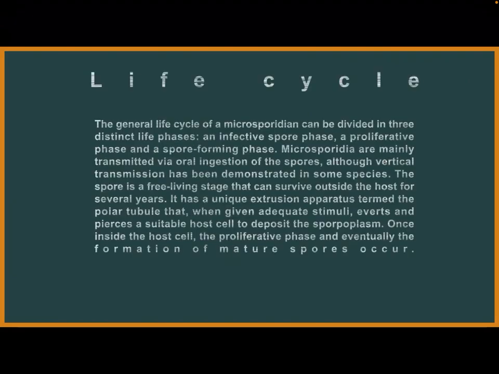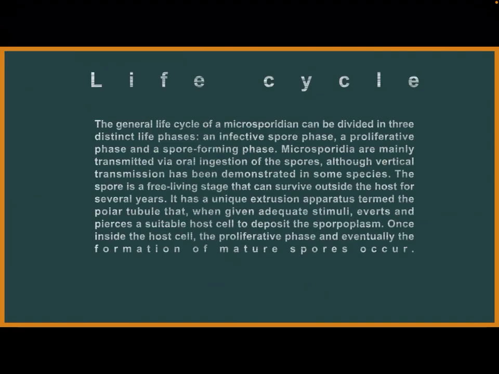Next is the life cycle. The general life cycle of a microsporidian can be divided in three distinct life phases: an infective spore phase, a proliferative phase, and a spore-forming phase. Microsporidia are mainly transmitted via oral ingestion of the spores, although vertical transmission has been demonstrated in some species.